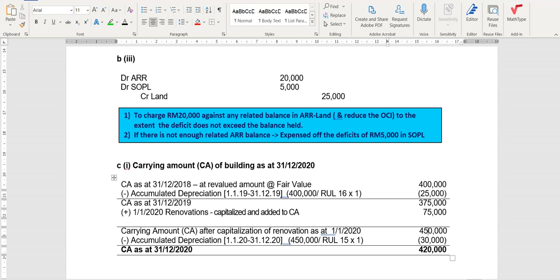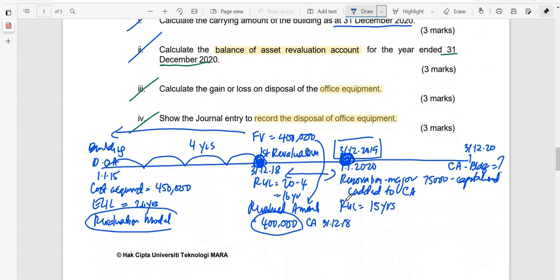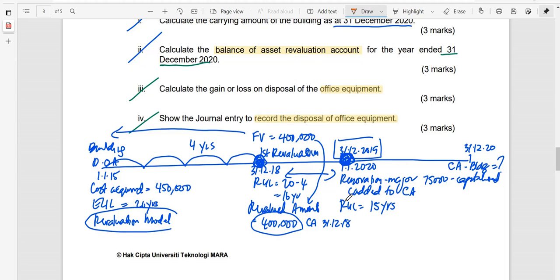So let us look at the second part of the question, which is to calculate the balance of asset revaluation reserve for the year ended 31st of December 2020. As you can see here, there was only one revaluation. So if it's a first revaluation, what you need to do is compare the fair value or the revalued amount with the carrying value on 31st of December 18.